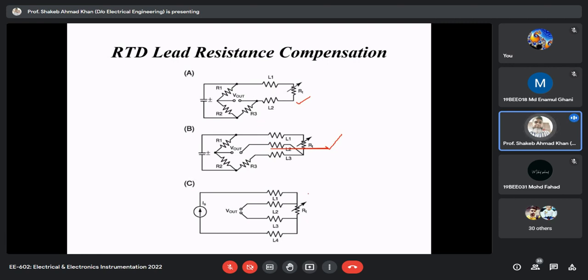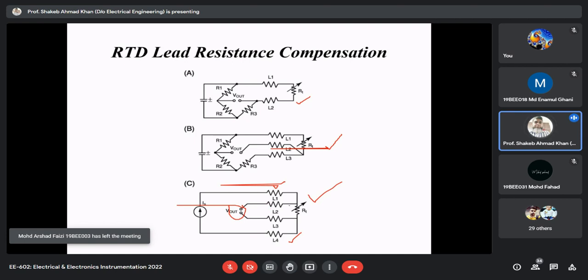And here this is 4 terminal, where voltage is measured: two are the potential terminals and two are the current terminals. The potential terminals are very close, so the drop across the lead is not counted when you are measuring the resistance. This is how compensation is done.